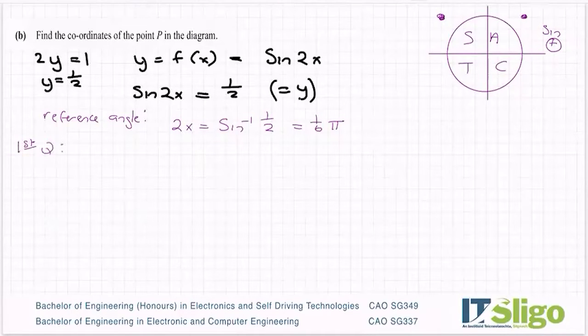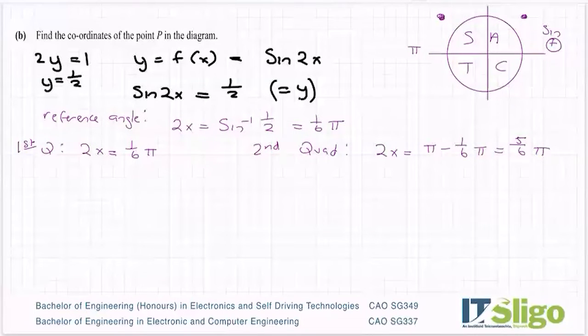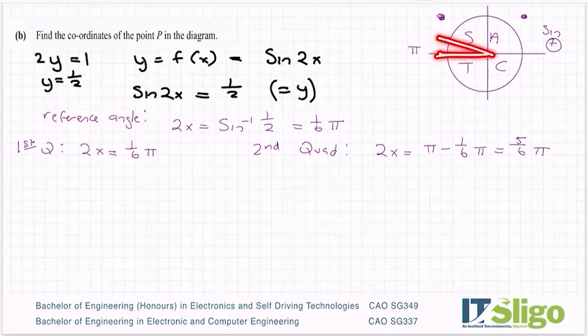So first quadrant, 2x is equal to 1/6 pi. And in the second quadrant, 2x is equal to, this is pi here, pi minus 1/6 pi, which is equal to 5/6 pi, okay? Because remember, it's always with respect to the horizontal. That's why we've subtracted off that 1/6 pi.